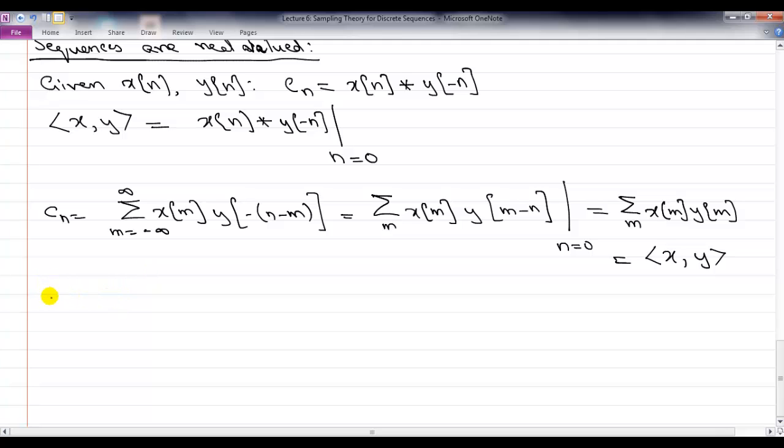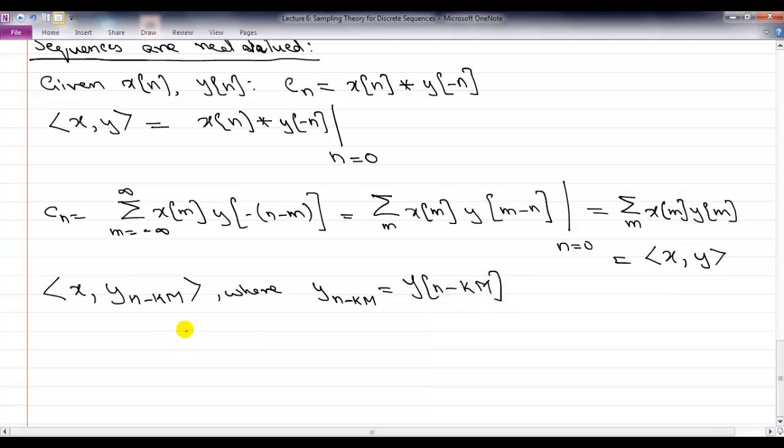Now let's look at the other case. Let's say that I have x and I want to take the inner product with y shifted by some multiple of M. So I want to take the inner product of x with y shifted by kM, where I'm defining y[n-kM] as y of n minus kM.